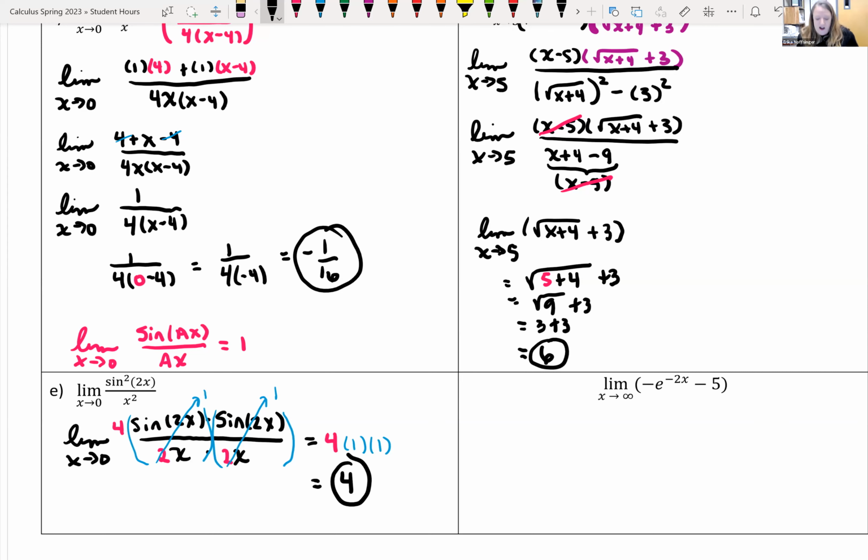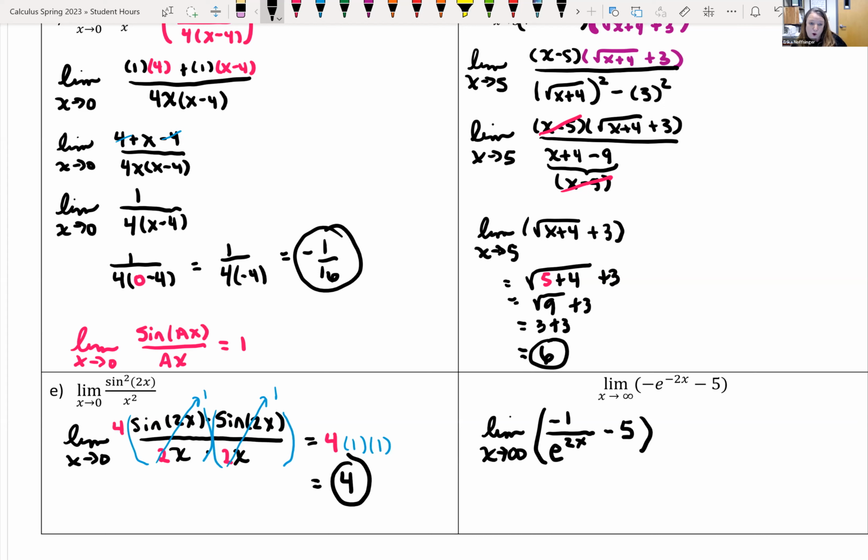If it's in the numerator, which in this case it is, we can put it down into the denominator. So I have the limit as x is going to infinity of negative 1 all over e raised to the 2x power, and then the minus 5 outside.